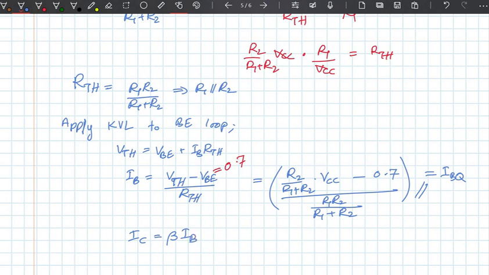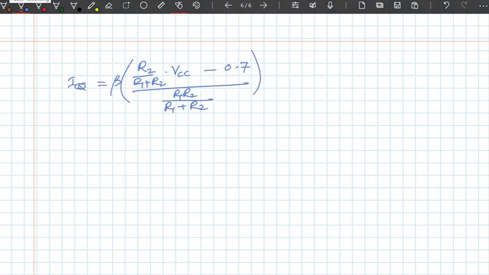So ICQ is equal to beta times IBQ, which is equal to the above expression times beta. So ICQ is also known.